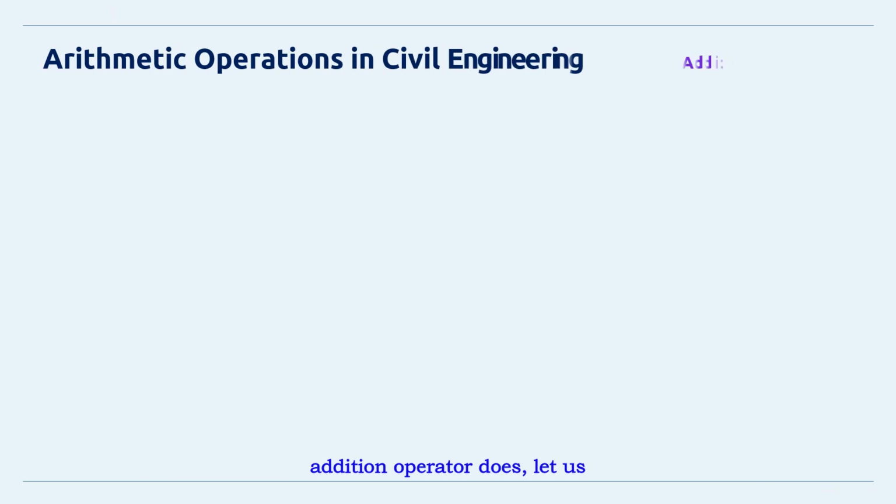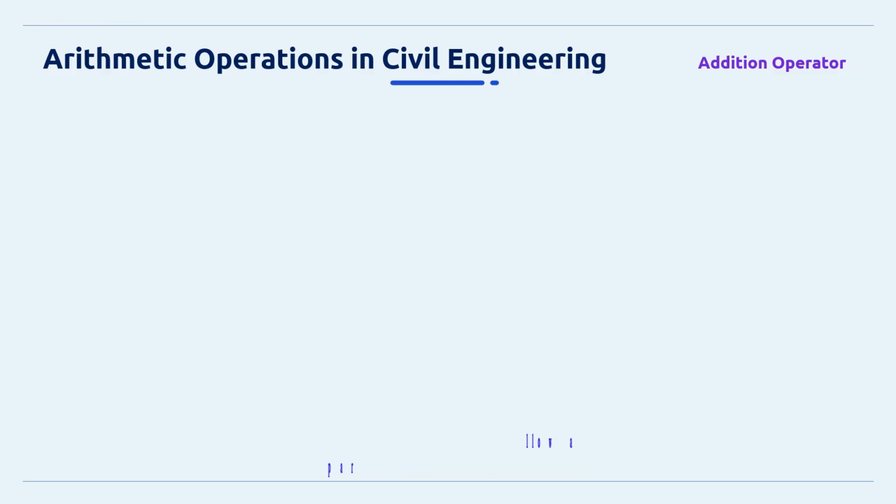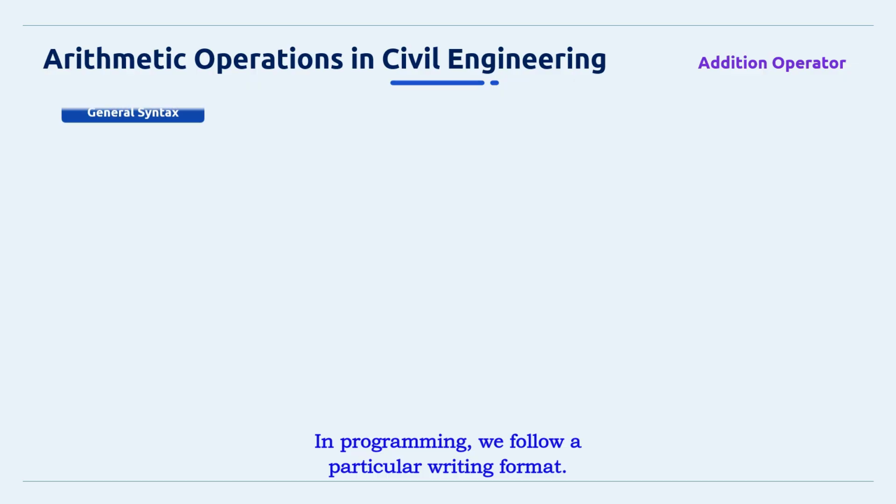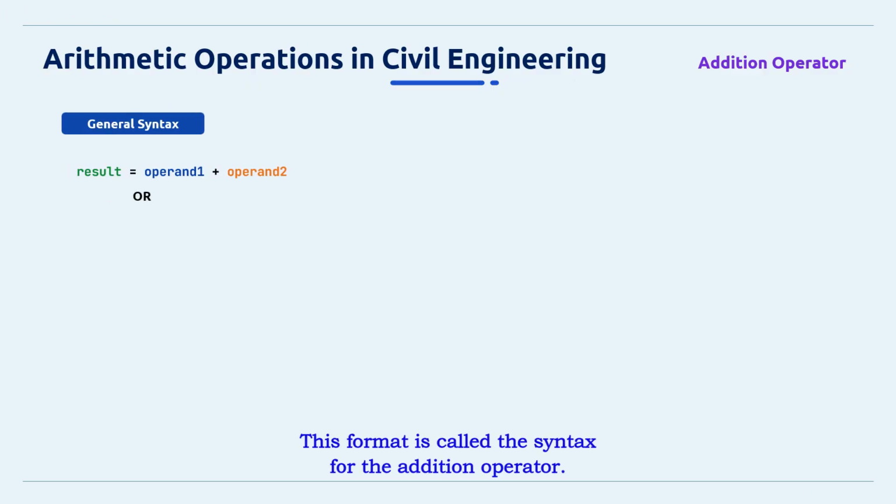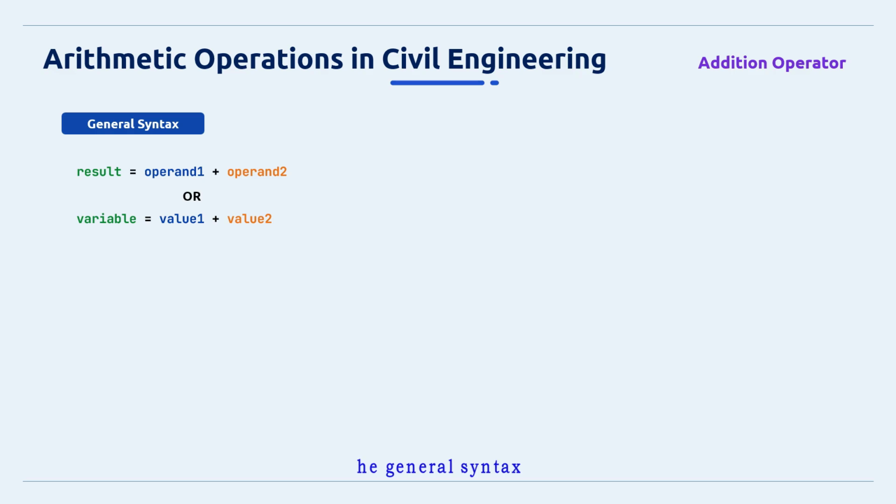Now that we know what the addition operator does, let us see how we actually use it in Python. In programming, we follow a particular writing format. This format is called the syntax. For the addition operator, the general syntax is result = operand 1 + operand 2.